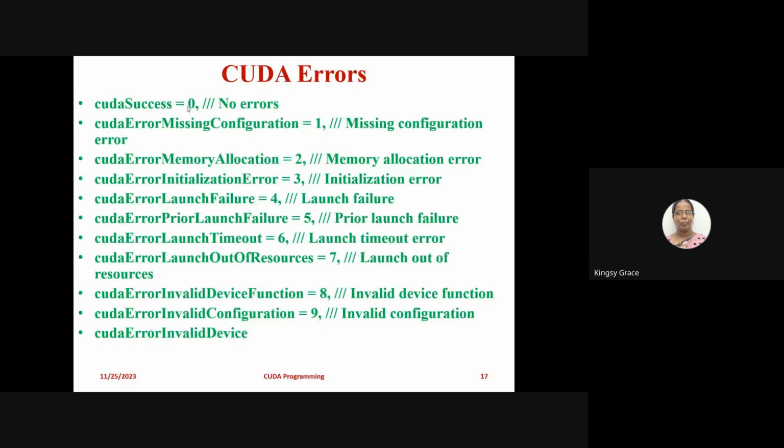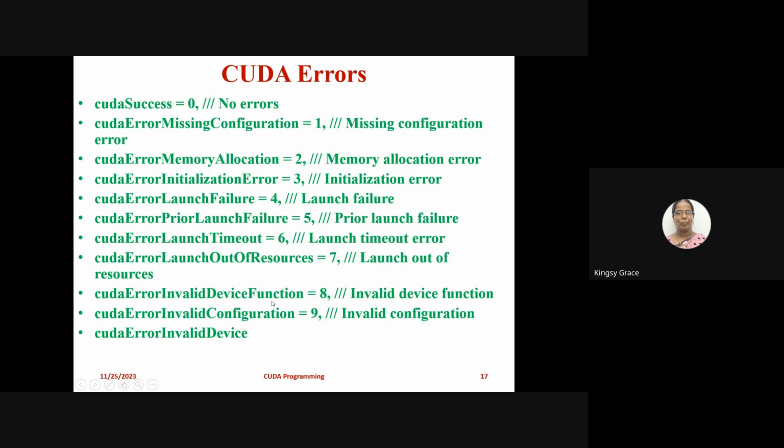And cudaErrorPriorLaunchFailure. Then there is launch timeout: if you are launching some function to the GPU but you don't get any result from the GPU, that is a launch timeout error. cudaErrorLaunchOutOfResources: if there are no resources, it will also give an error, which you can get with the help of cudaErrorLaunchOutOfResources.